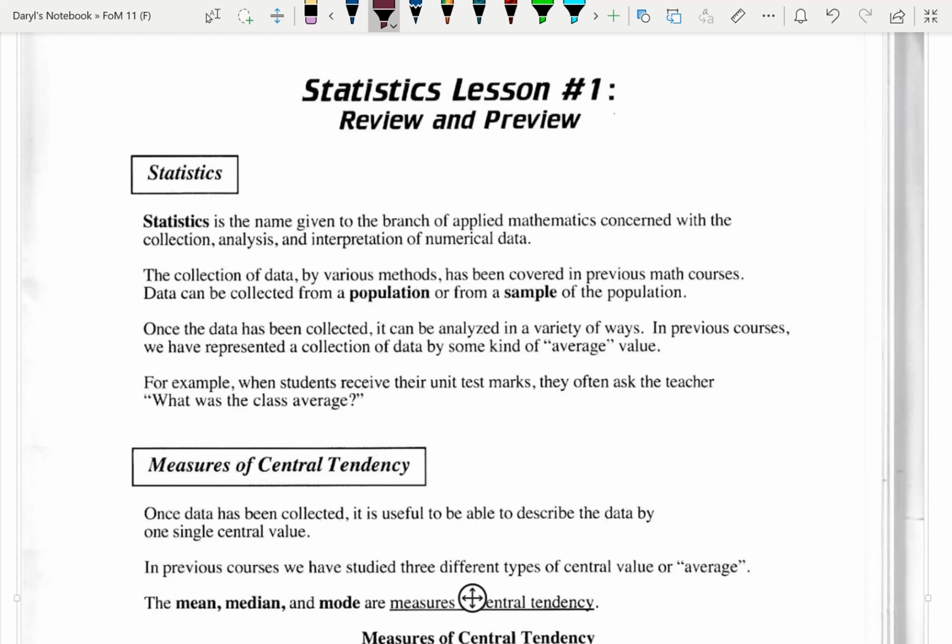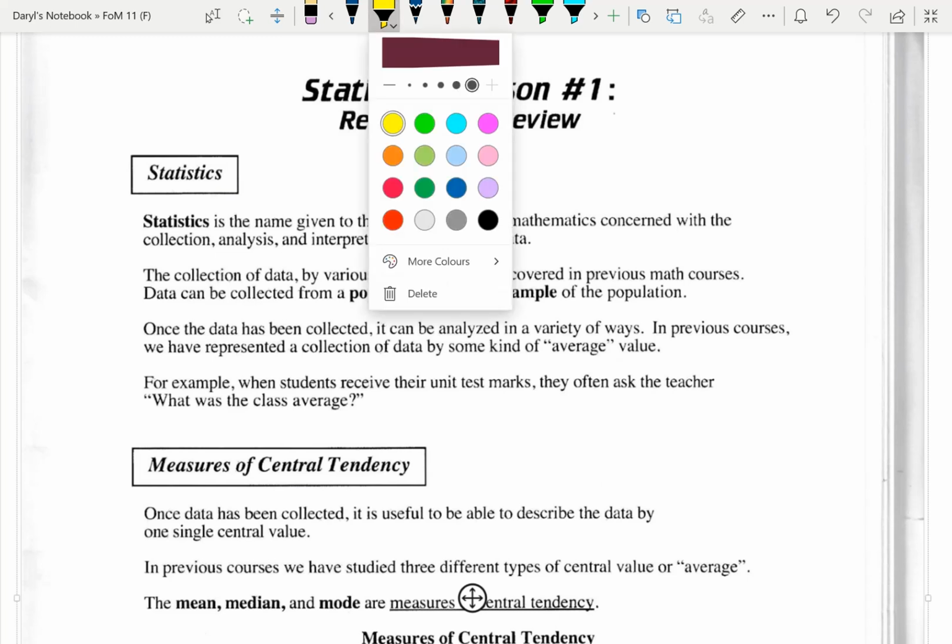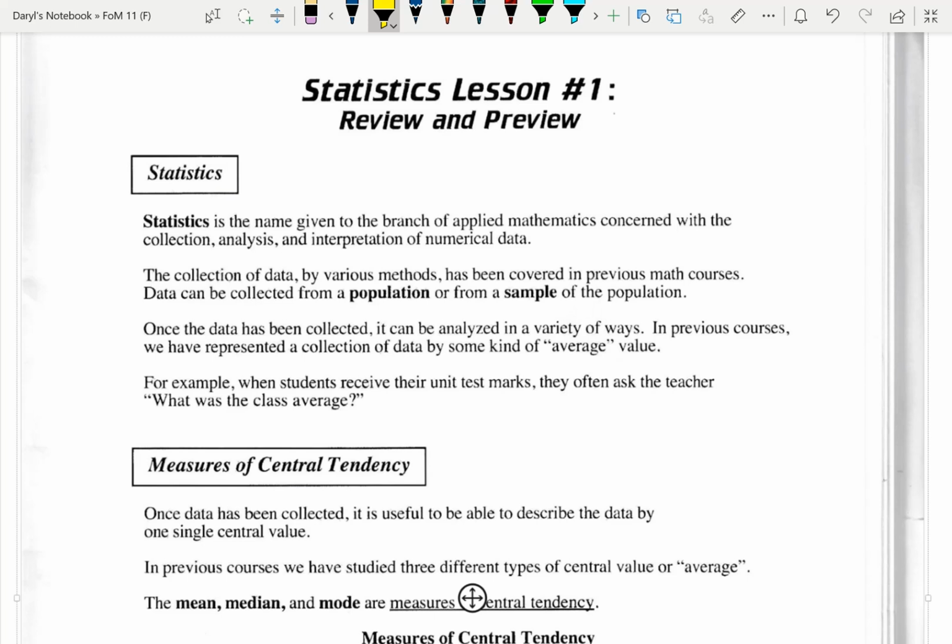In this video, we're going to revisit some quantities that you will be encountering in statistics. So, what is statistics? Statistics is the name given to the branch of applied mathematics concerned with the collection, analysis, and interpretation of numerical data.